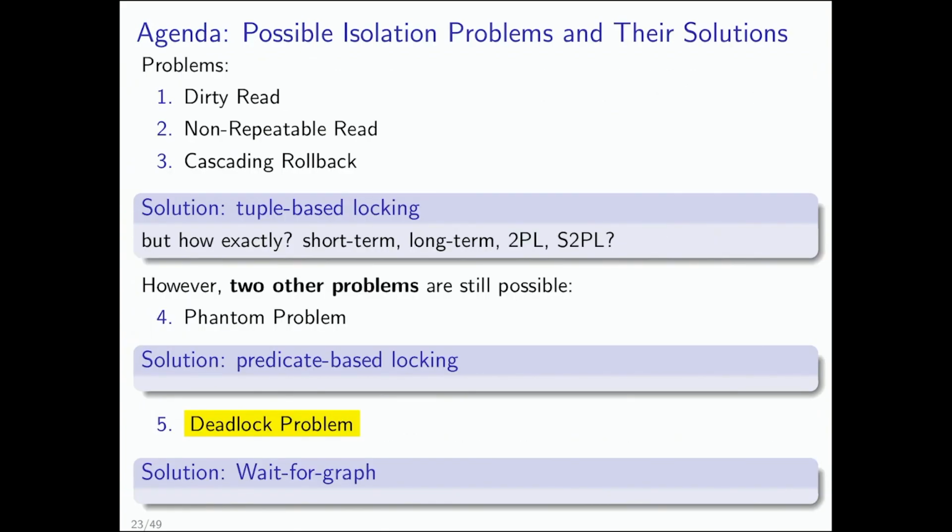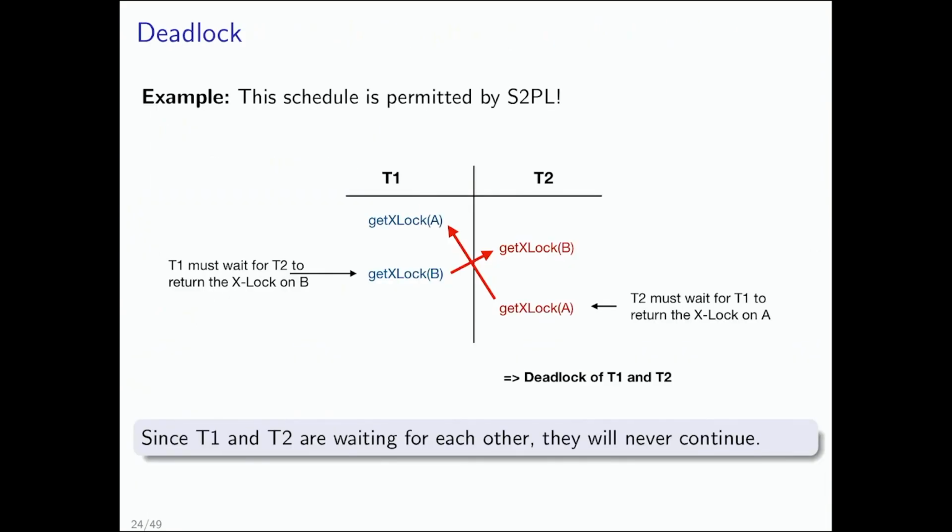Predicate locking. So there's one problem left, and that is the deadlock problem. Deadlock meaning you have two transactions, T1 and T2, and they block each other. Transaction 1 wants to write to data object A, transaction 2 wants to write data object B. It's all fine.